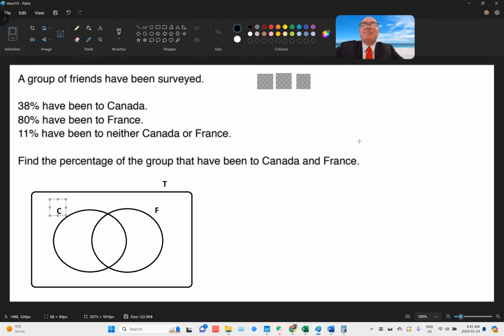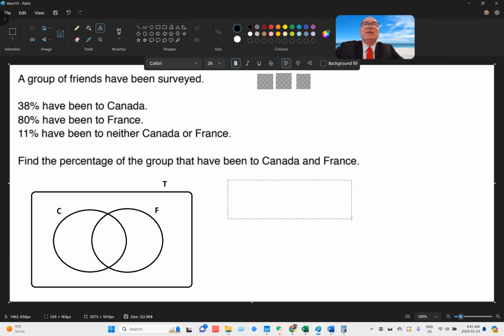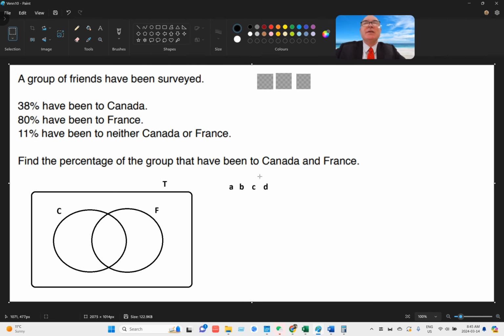Now, some people have been just to Canada in this region, some just in here, some just in here, and then some here. What I'm going to do is start with some variables: A, B, C, D. Let's start moving these around where they should go.